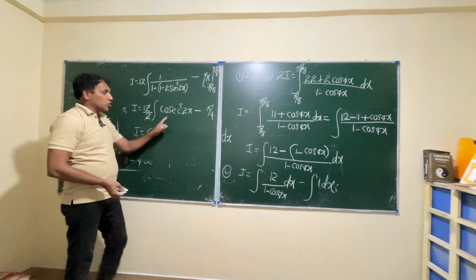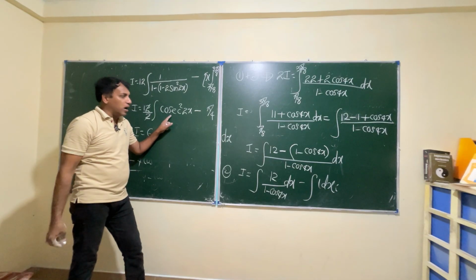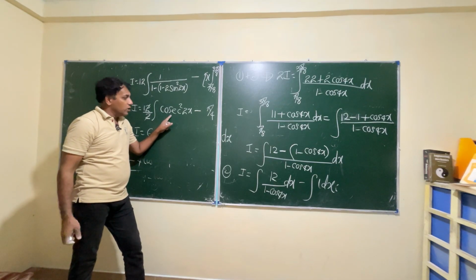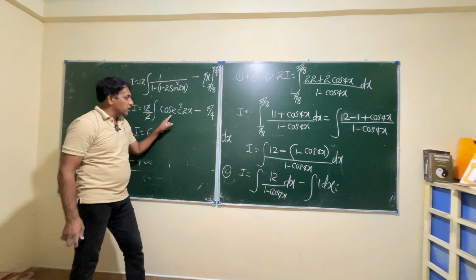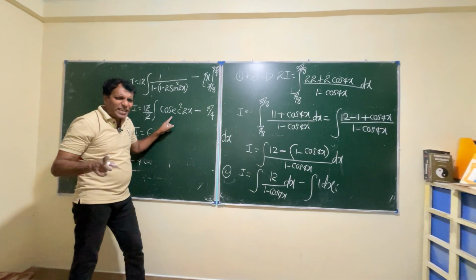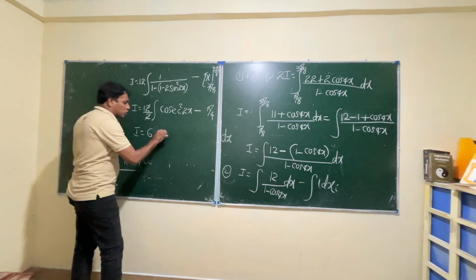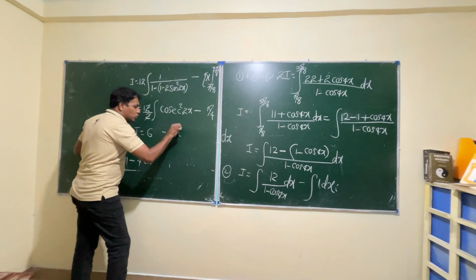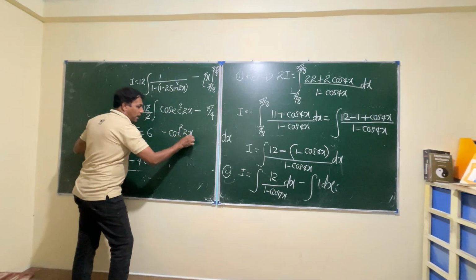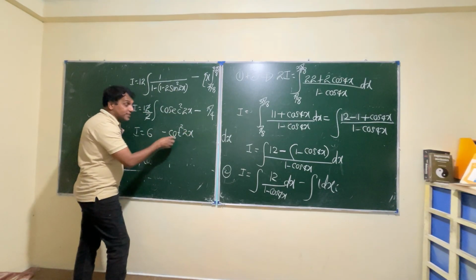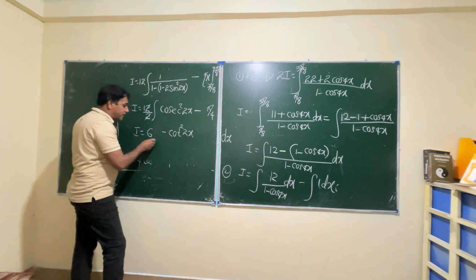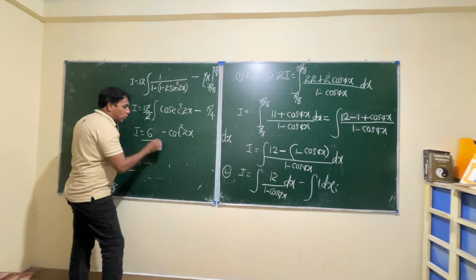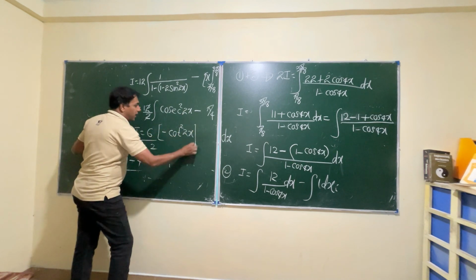Wow, what is this? Cosec square integration, that is minus cot. Is it minus cot square? Minus cot 2x. 2x differentiate, right, the half, so it becomes below. Okay, there's a minus, right?